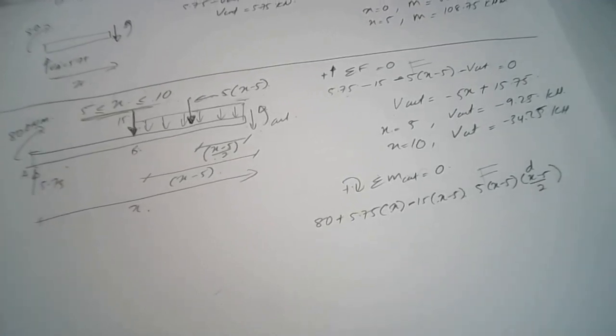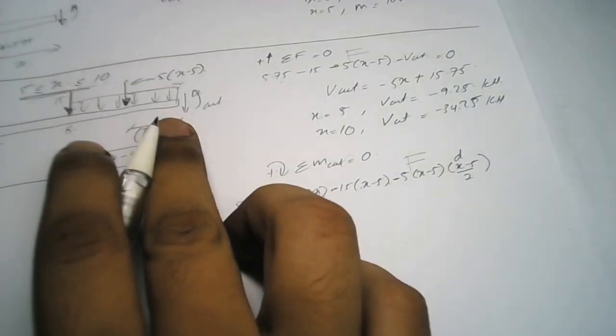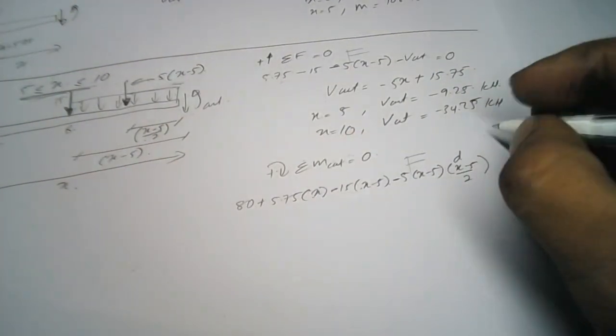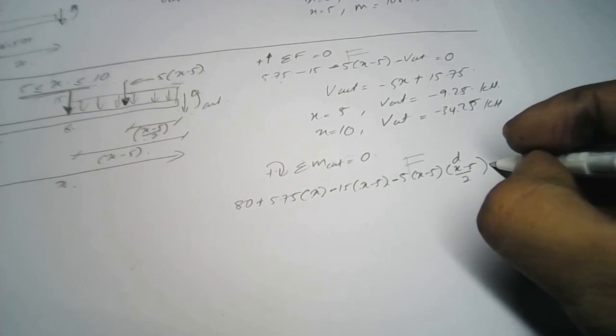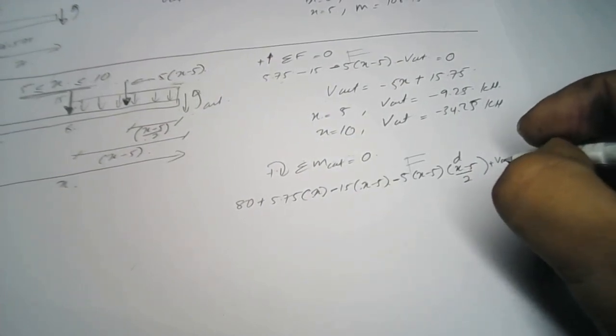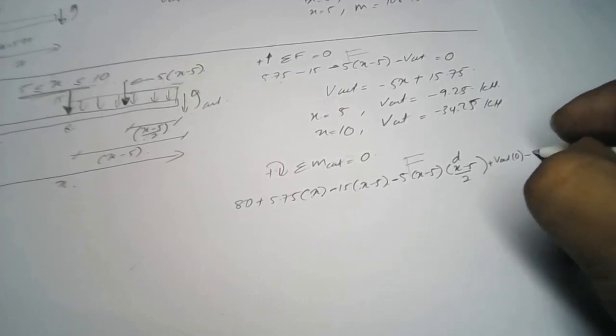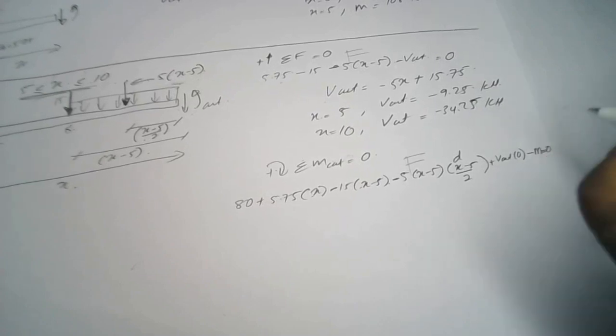This one is negative. And also we have V cut, multiplied by 0, and then we have a negative M cut, so equal to 0.